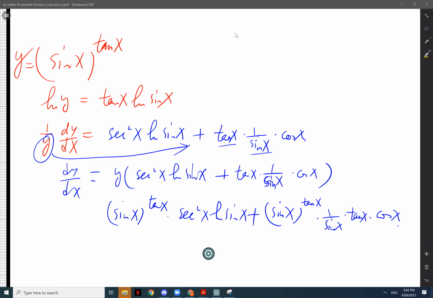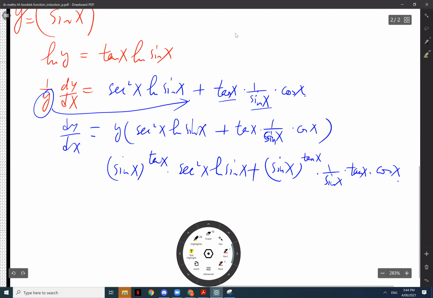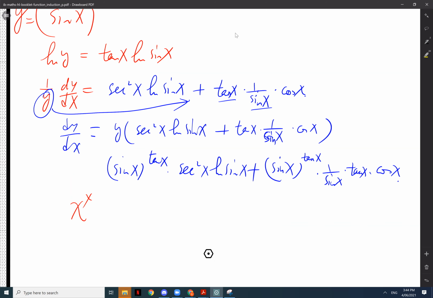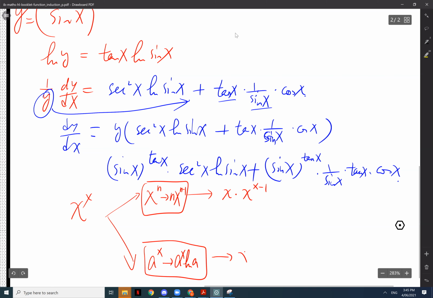I'd better tell you the idea here. We proved the formula, but what's the meaning of this type of differentiation? The derivative is based on two formulas: x to the power of n, and a to the power of x. For x^n, you move n to the front and the power minus 1. The other formula gives x ln x.